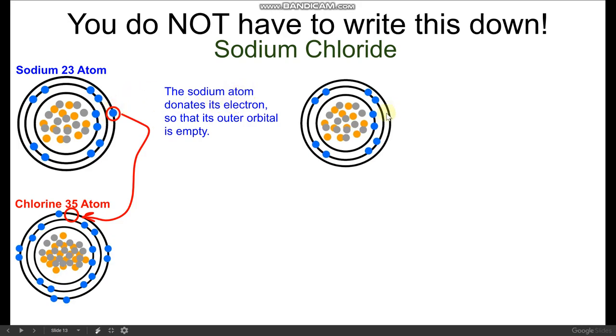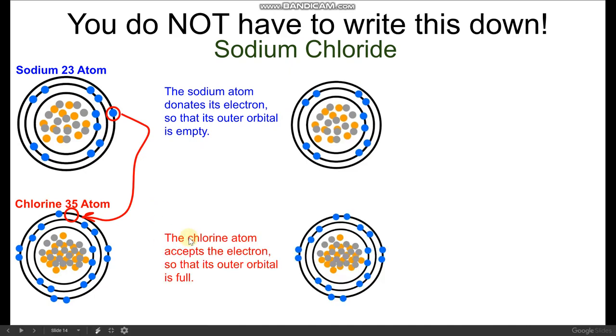You can see we don't have the electron here anymore in this picture, so that its outer orbital is empty. This whole outer orbital is empty, and that makes the atom more stable, so that's why it donates the electron. Then similarly, the chlorine atom accepts that electron. In the new picture, we've got an extra electron with this chlorine atom, so that its outer orbital is full.